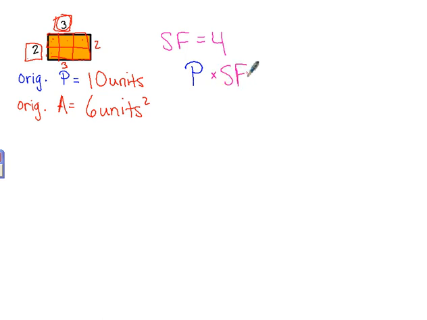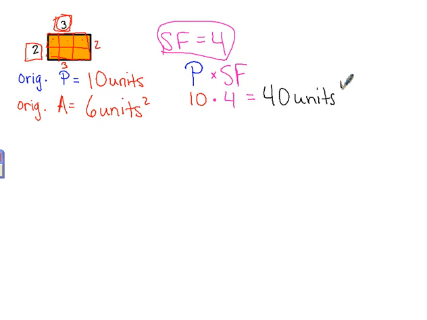So I would have my original perimeter, which was 10, multiplied by my scale factor, which in this case is 4, and I could tell without any more work that my new perimeter would be 40 units. You can say to the power of 1, but it's unnecessary, but it helps me remember, again, that perimeter is one-dimensional, which is just a dimension of length.